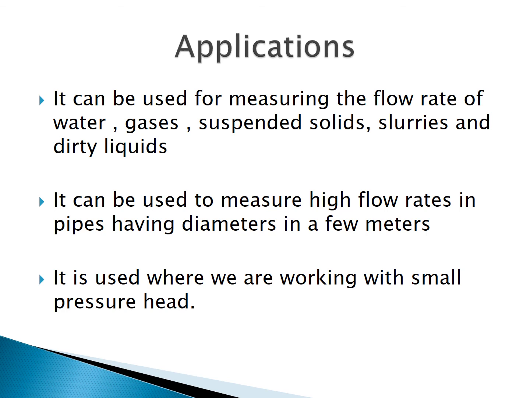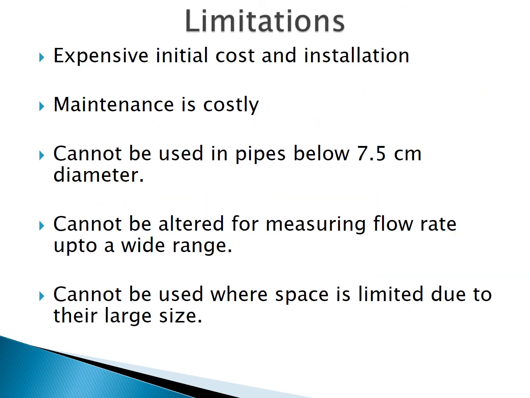Number 2, it can be used to measure high flow rates in pipes which have large diameters. Number 3, it is used when we are working with a small pressure head, right? The pressure head is not very high. So those are some of the applications, and the limitations are: it is a costly device, it requires maintenance, right?